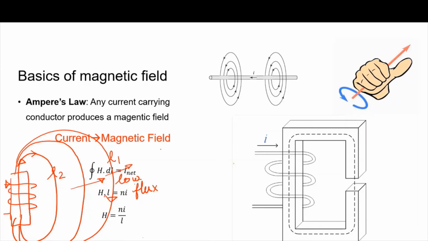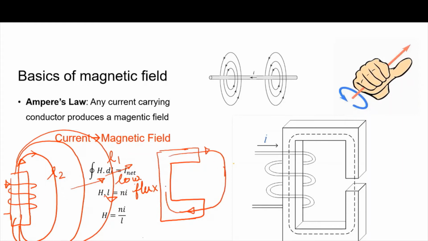But if you make a core like this, the flux will enter here, because this is the least reluctant path it will see. Any other path will be higher reluctance. But you still have this part in the air gap, with high leakage.